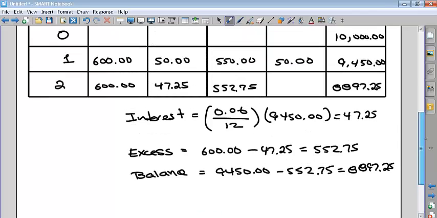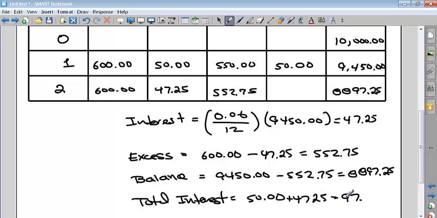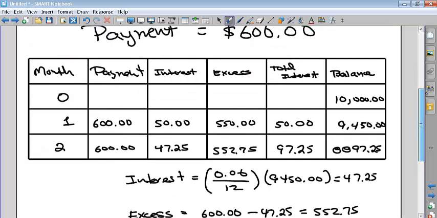So after the first time, you got to add the total interest from the previous month, which was 50. So we're taking this value and we're adding the new interest from the new month, 47.25. So that's 97.25. And then the rest of it's just the same. And that's why these things are so easy to do in spreadsheets.